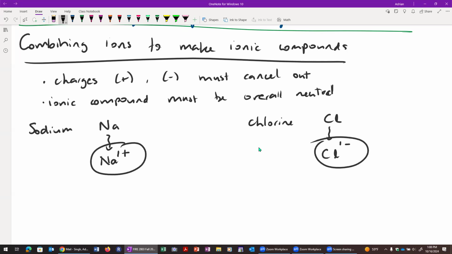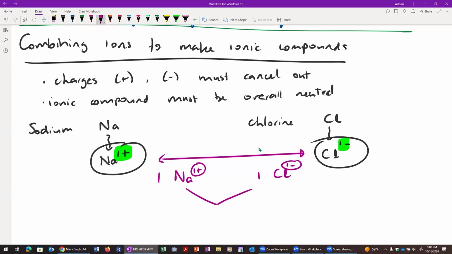And I'm going to combine them so that the charges, the 1 plus and the 1 minus, cancel out. Now, obviously, all I need to make sure these charges cancel is 1 sodium, which has a 1 plus charge, and I also need 1 Cl minus, because the 1 plus and the 1 minus will cancel.